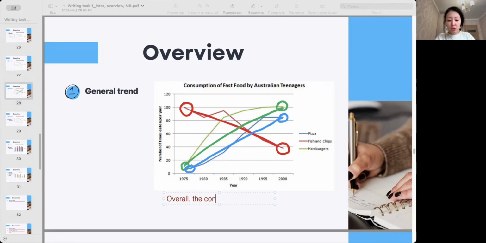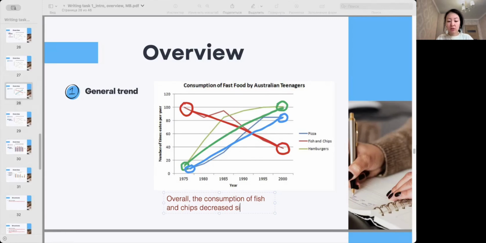The consumption of fish and chips decreased. It's better to give the degree. So it was around 100, and by the end of the period, it's about like 40, 39, something like this.